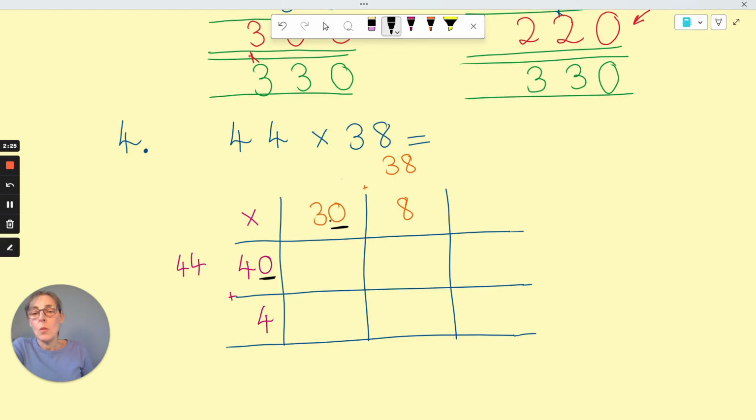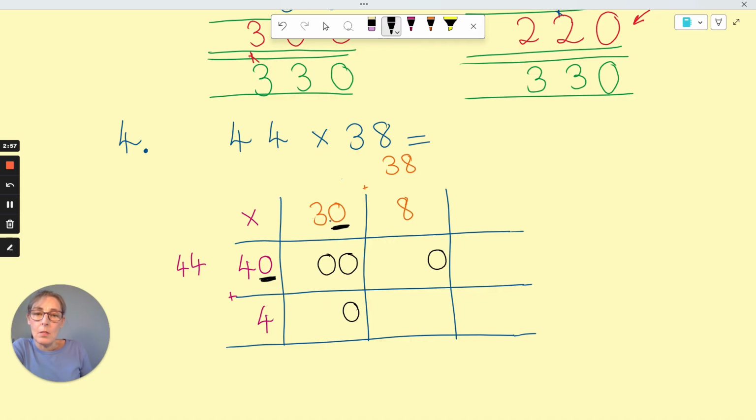And then I go across or down, whichever. So I'm going to go across. There's 1 0. There's 1 0. There's 1 0. Now I'm going to go down. There's 1 0. There's 1 0. So because there's a 0 here and a 0 here, there's 2 zeros in this area.